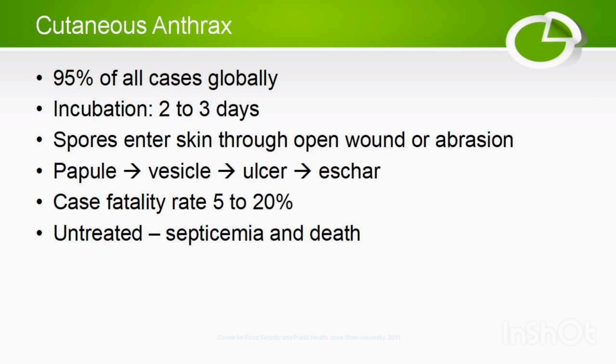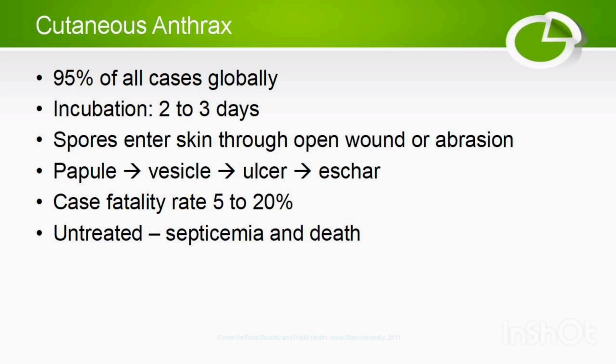The cutaneous form of anthrax accounts for 95% of all cases globally. Incubation period is typically 2 to 3 days, but can be longer. The spores typically enter the skin via abrasions or other open wounds. A papule develops and progresses into vesicles.